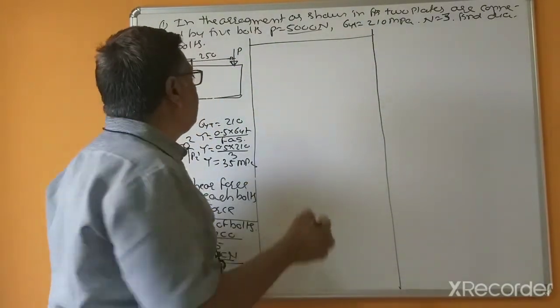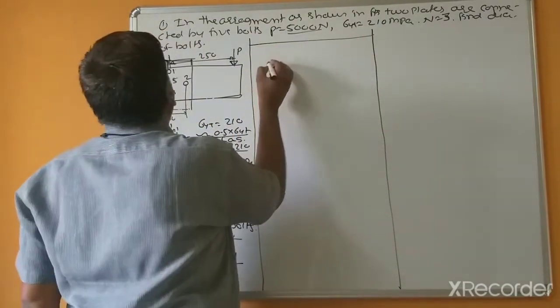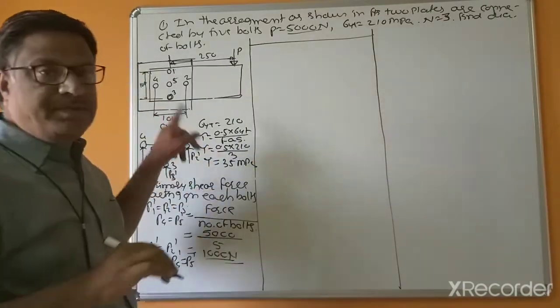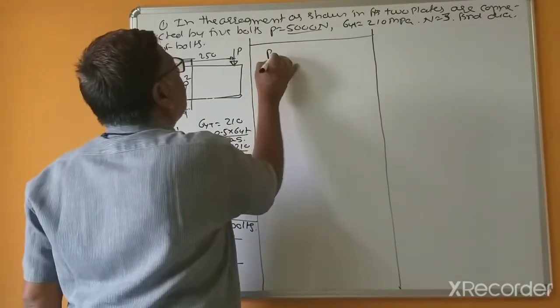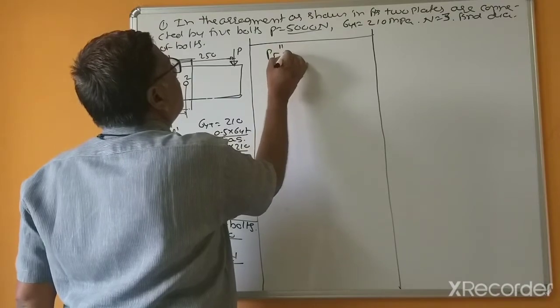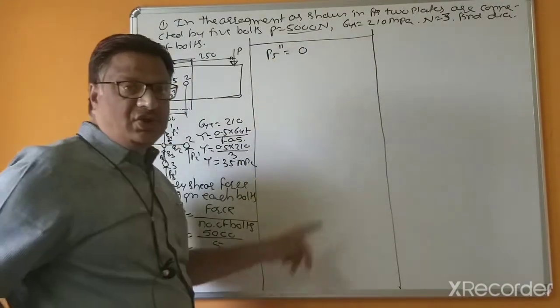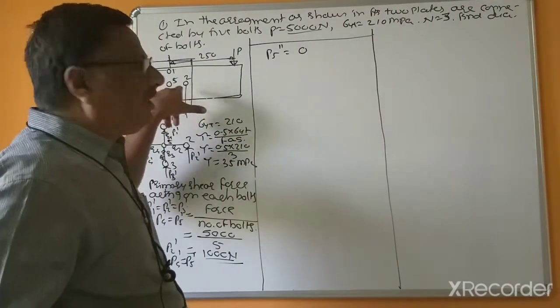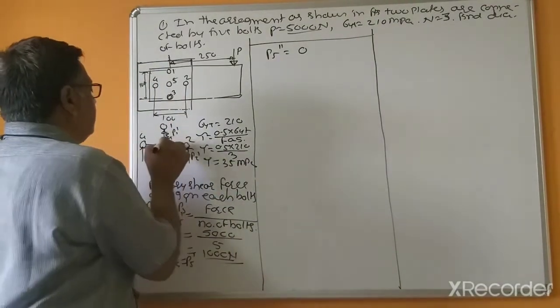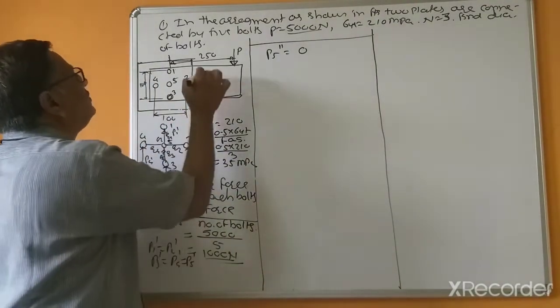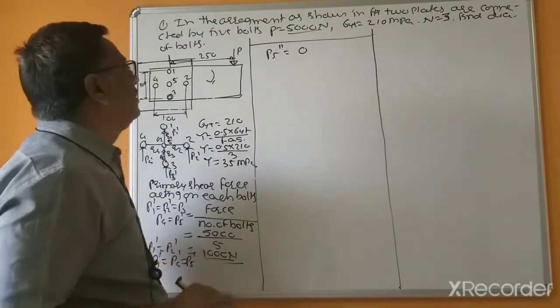Now for calculations of the secondary shear force, P5 double dash equal to 0. Why is this 0? Because this is located at the center of gravity. This is the center of gravity, and this will try to rotate.